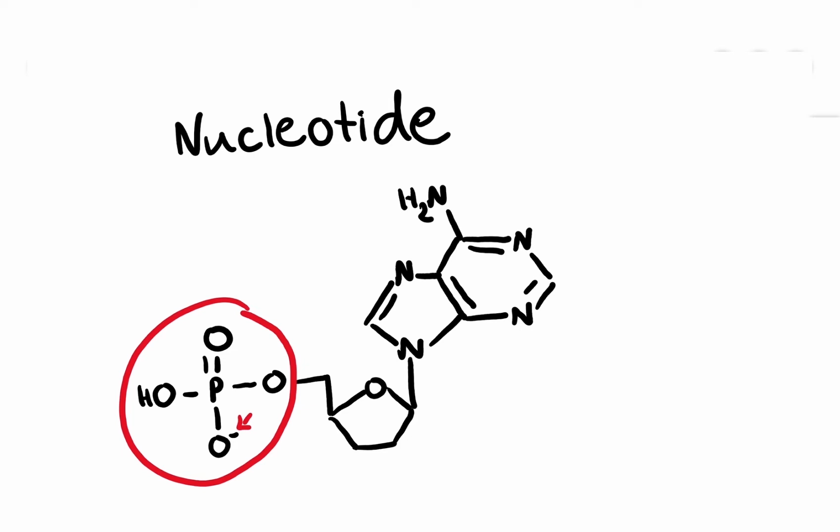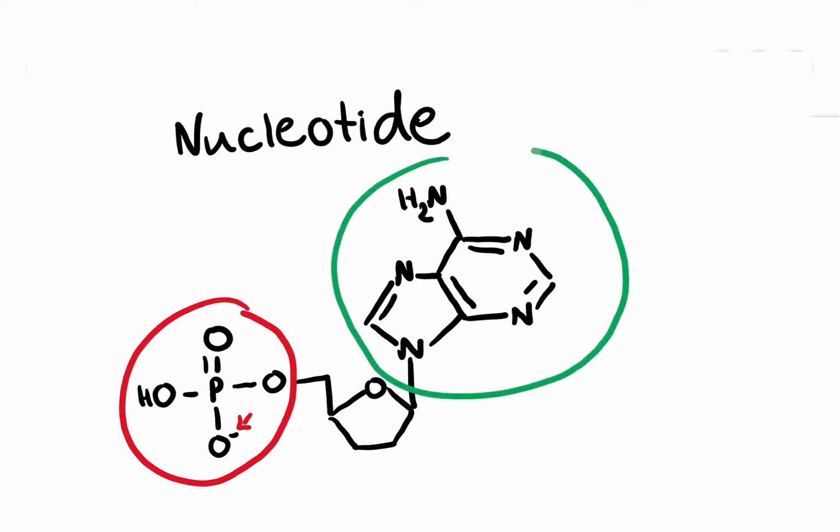The next part is the nitrogenous base. The way you can remember that it's a nitrogenous base is the high amount of nitrogen that is found in this structure. Again, I'm not drawing the carbon atoms in this structure, and instead those are the corners that are not labeled. The final part, and this should be familiar, is actually a sugar.